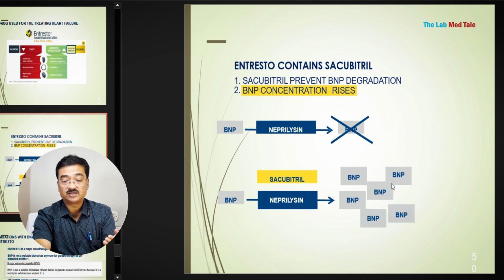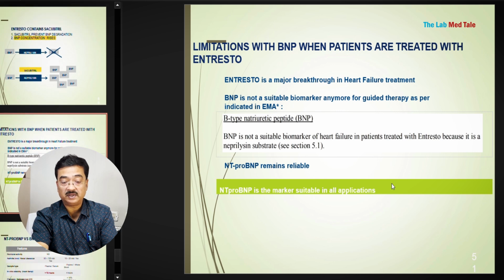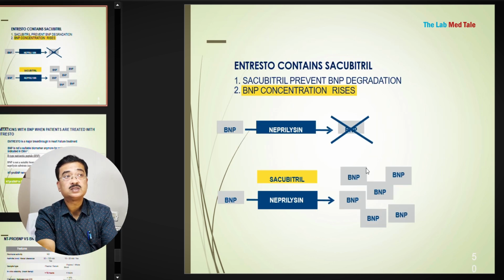Therefore, if you try to diagnose on the basis of BNP, it will never work, because even if the patient is treated with the drug, the BNP will never stop rising. So that is a major drawback of using BNP as the marker. So we always use NT-proBNP, because nowadays these medications give a false guide.